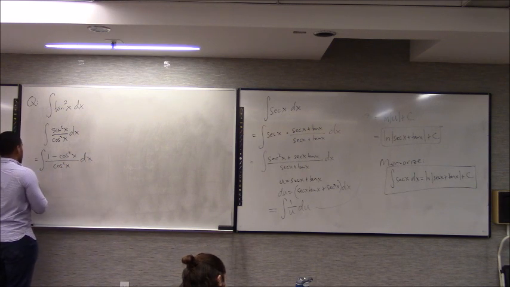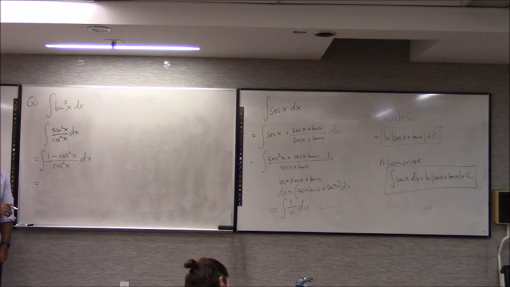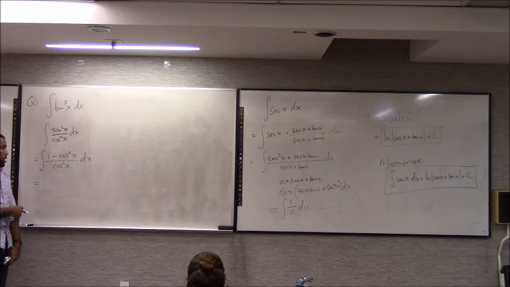And after that, what can you do now? Try to use substitution. What would you substitute? Cosine squared x for u. And the du would be what?